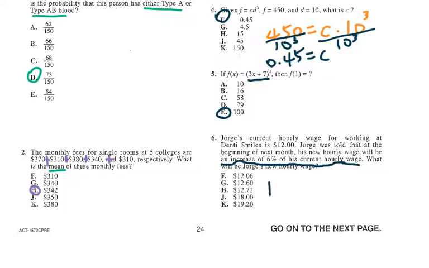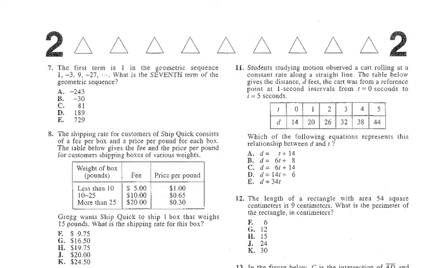That means you need to multiply 12 by 1 plus 6%. So you put it into the calculator, and it will be H, 12.72.